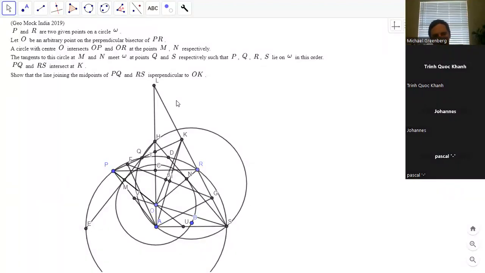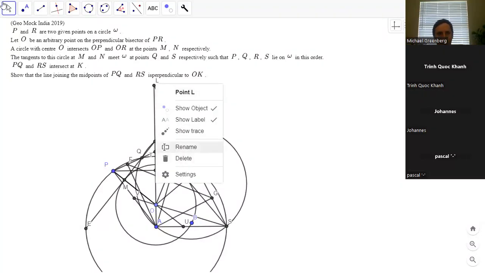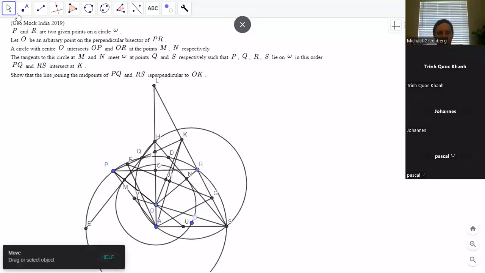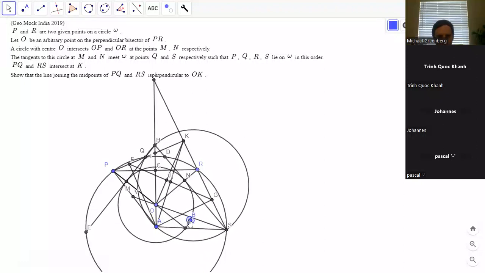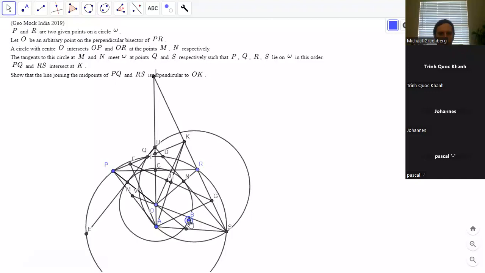Maybe I could also delete U and V. I'm thinking about it. Okay, so if you move B, then K always lies on a fixed circle through P and R, which I just found by GeoGebra.